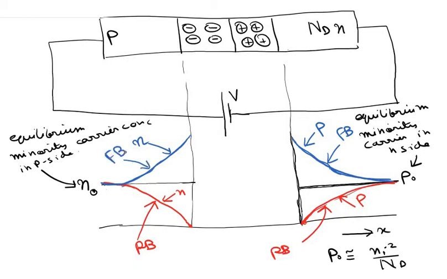Okay, now note that every time the voltage changes, or every time this diode goes from forward bias to reverse bias, the excess minority carrier concentration must change. So for example, during forward bias, excess minority carriers are built up just outside the depletion region.